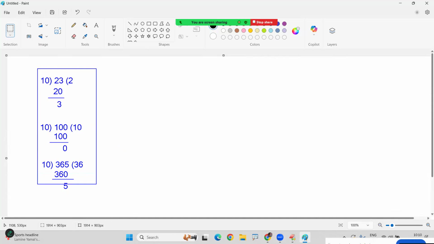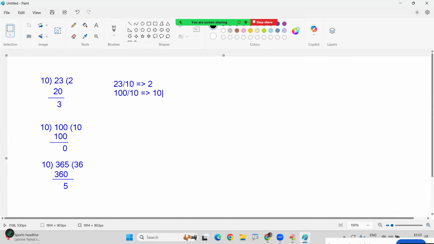Observe these 3 quotients and remainders. 23 divided by 10 is 2. 100 divided by 10, quotients only, look at this, 10. 365 divided by 10, value is 36. These are the quotients now.